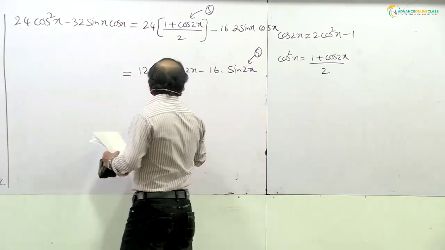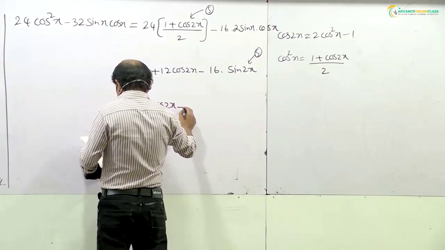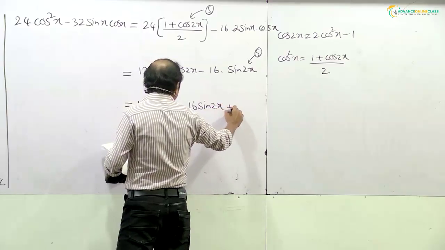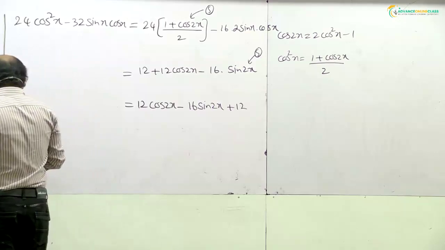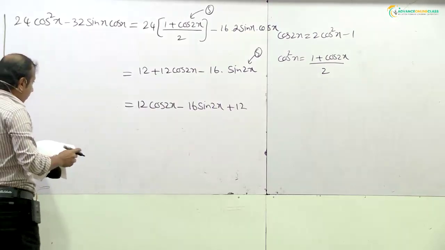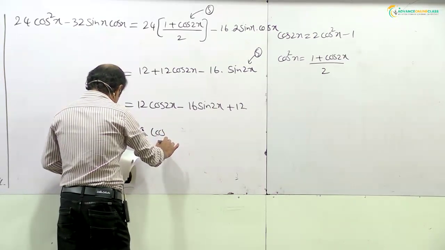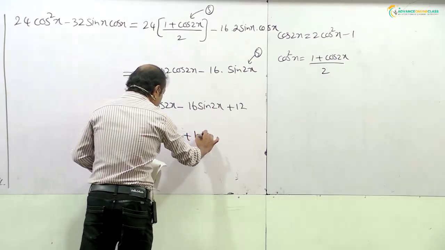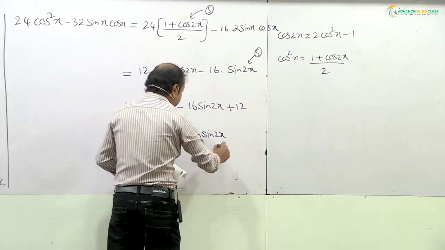Then we can write this as 12 cos 2x minus 16 sin 2x plus 12. Now we compare this with what is asked: write this as a cos 2x plus b sin 2x plus c.